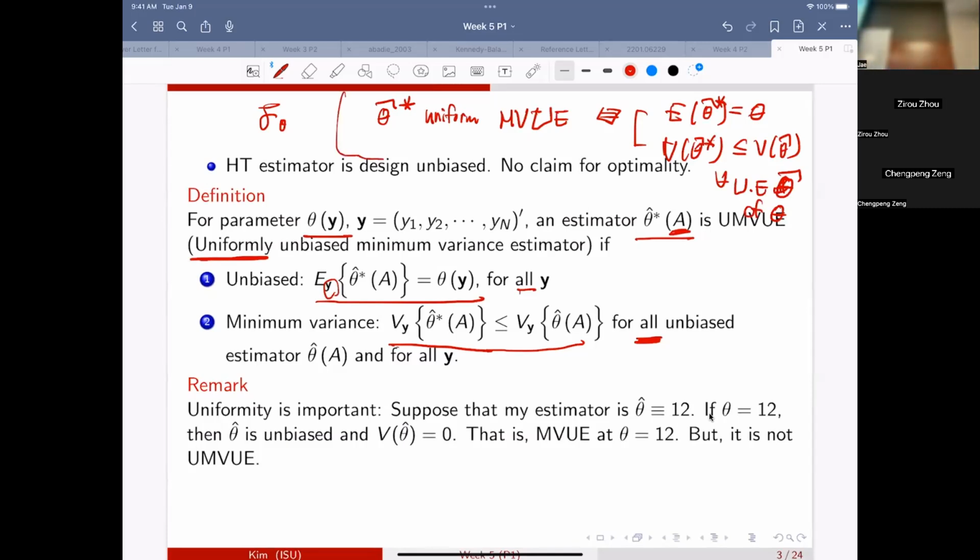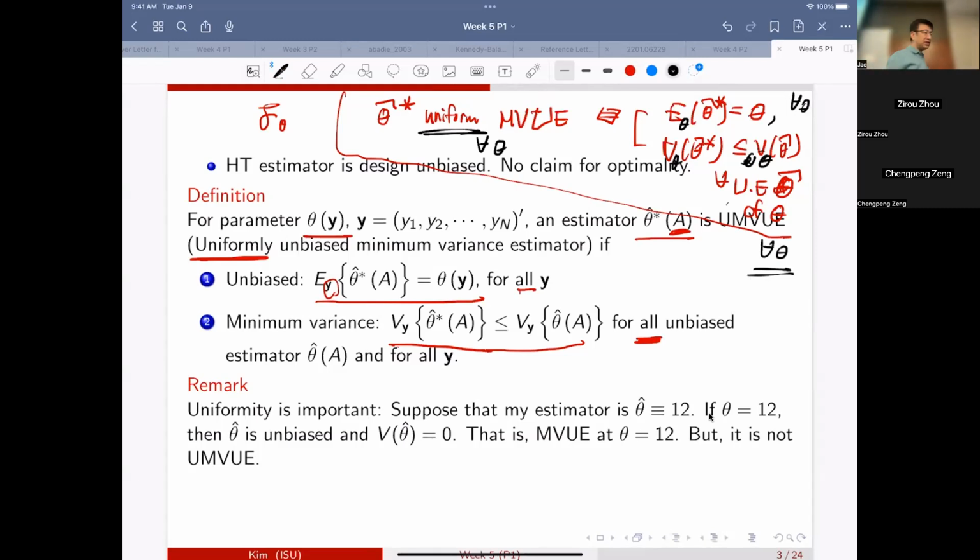I don't know whether you learned this, probably in Stat 543, right? But the important thing is what I mean by uniform. Uniform means for all theta, so this relationship, as a function of theta, holds for all theta. And theta here, in our context, means all populations.